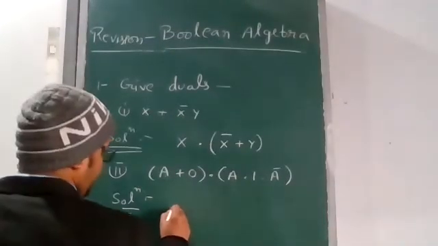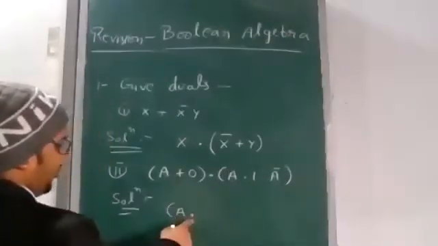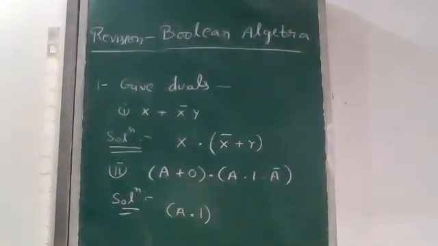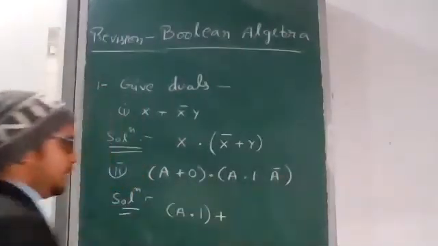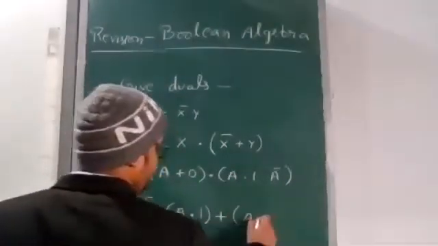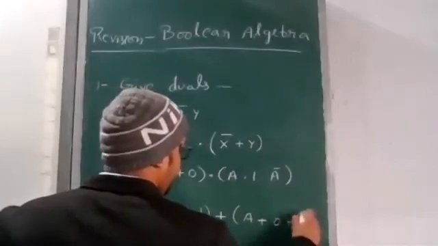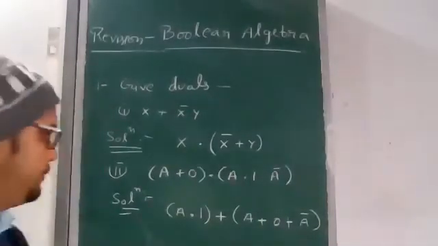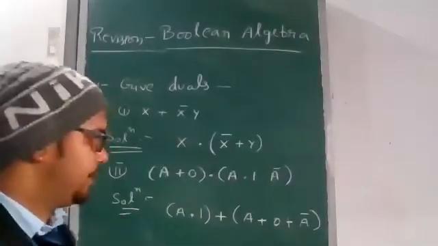So answer of this question is a dot, plus sign change to dot, 0 change with 1. So a dot 1, then dot, that means AND operator, change with OR sign, that is plus. After that, a again plus, then 1 means 0, then plus, and then a complement. So in this way you can find the dual of this expression.